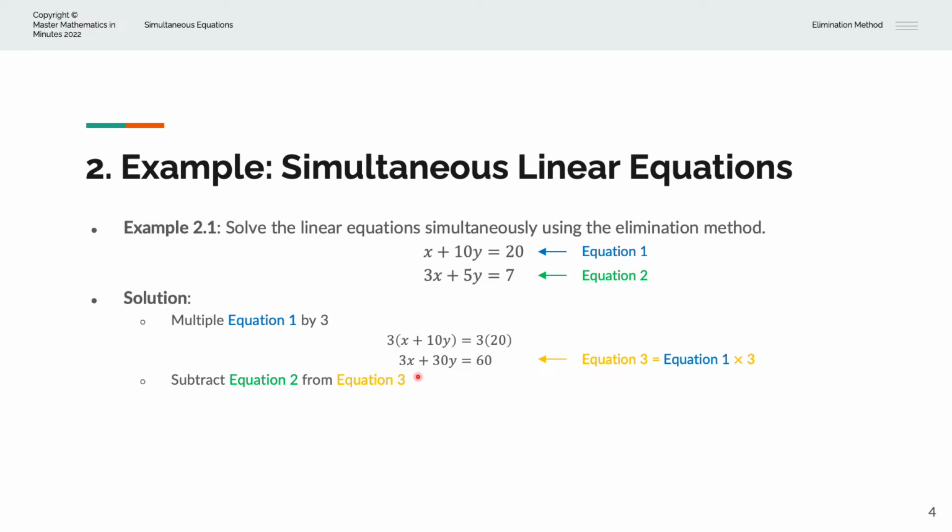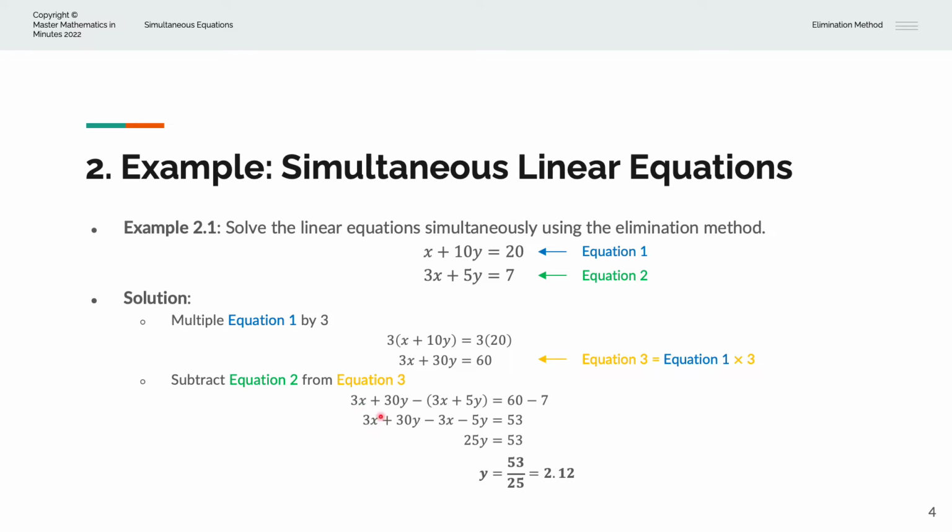So subtracting 2 from 3 is where we have 3x plus 30y from equation 3 copied down, and minus, because we're subtracting the left-hand side of equation 2, 3x plus 5y, copied down. And we have the right-hand side of equation 3, 60, minus the right-hand side of equation 2, which is 7.